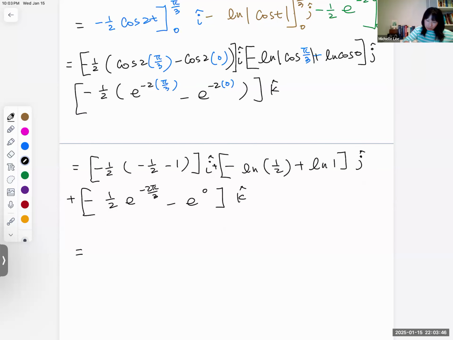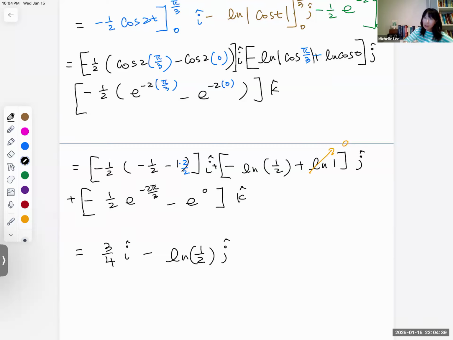Okay, so let's calculate. This is 2 over 2, so negative 3 over 2, and the negative makes it a positive 3 over 4, yeah. 3 over 4 i hat. ln 1 is 0, so we have a negative natural log of 1/2 j term.